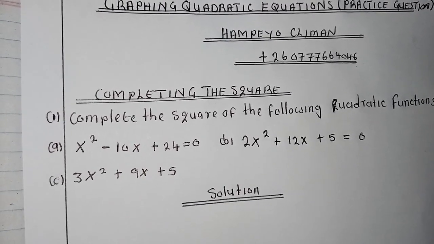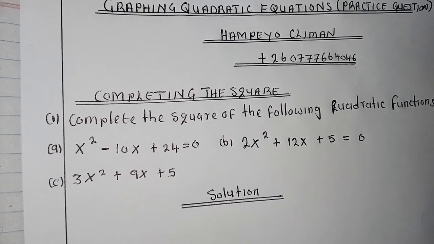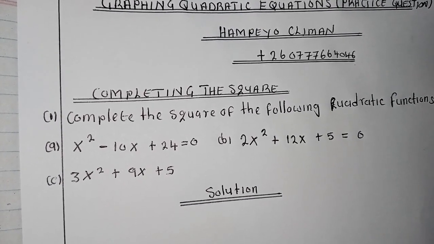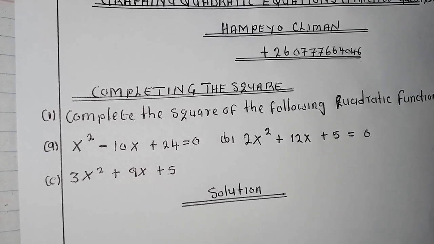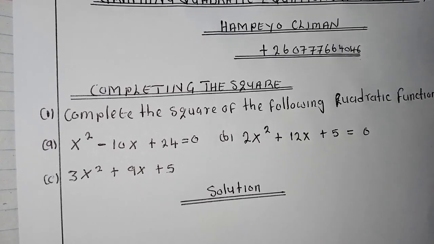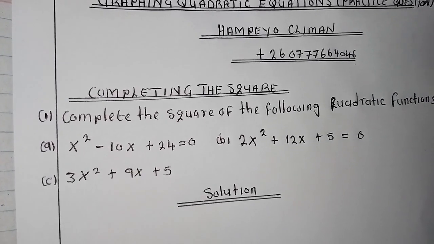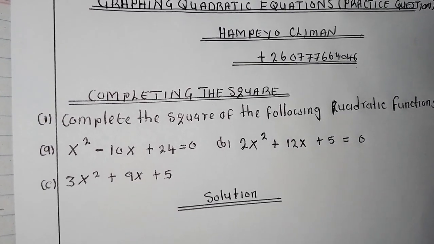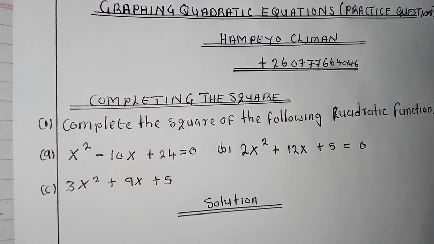So today we will be learning how to graph quadratic equations. That is how to find the vertex, how to find the y-intercept, the x-intercept, and also how to complete the square, because you cannot take a quadratic equation from its standard form to its vertex form if you do not know how to complete the square.